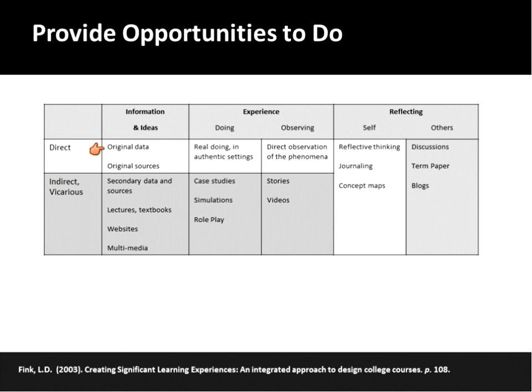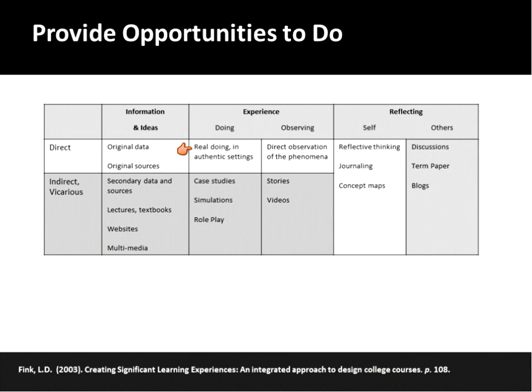But students will be engaged in content, and this is the textbook or the lecture or primary sources or data that they've gathered. This is how they are gathering information or ideas that come from a direct source. And if that is something that they are consuming directly, then there are a couple of ways that they can become more active in the course by experiencing those sources in some way.